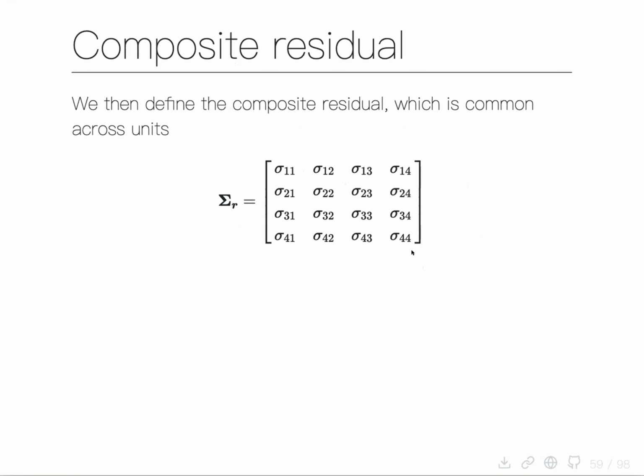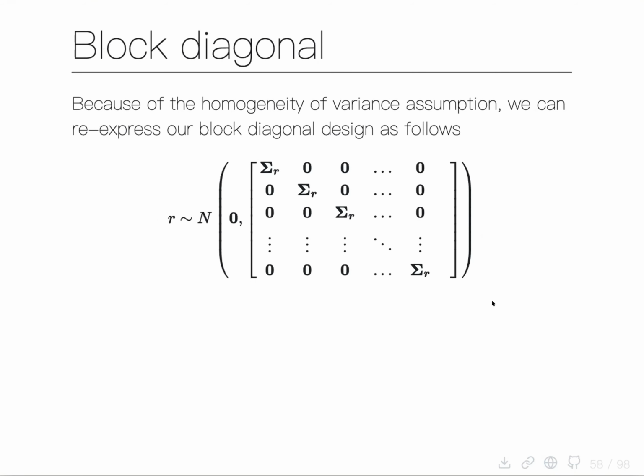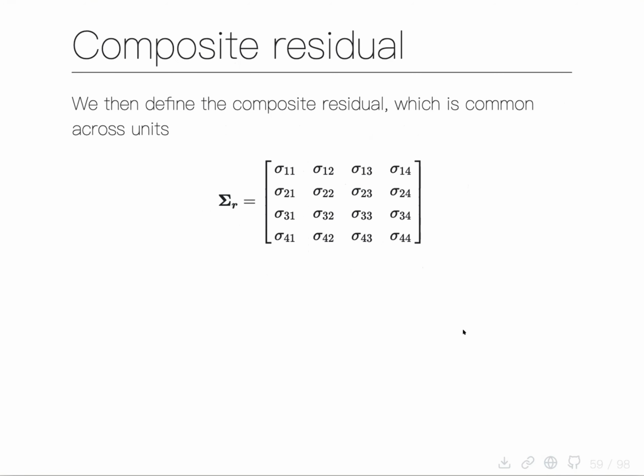Okay, so now we're just saying sigma R is that block structure, and that block structure is repeated across all students. Okay, so this is what is often referred to as the composite residual.